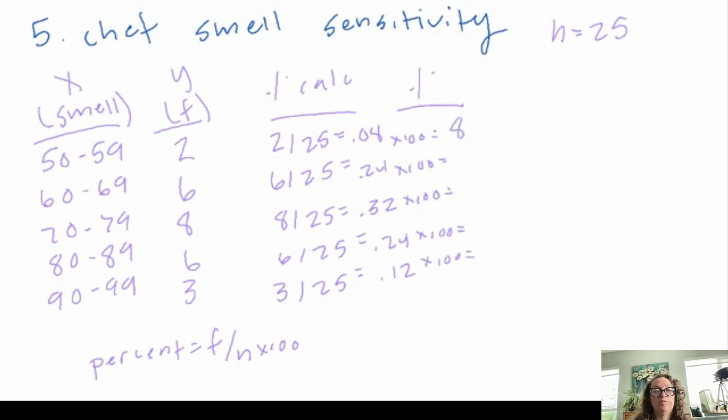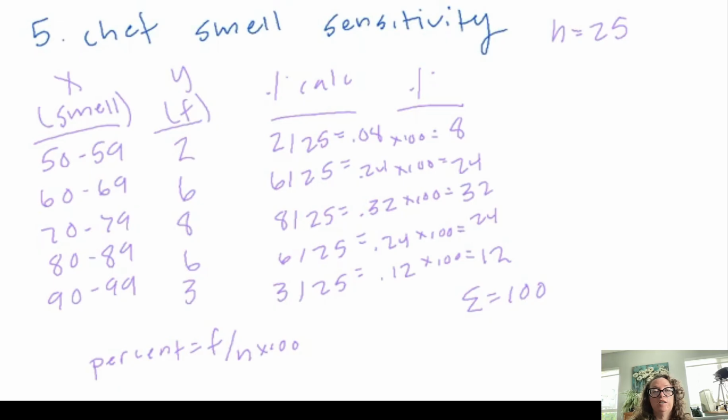So we have 8% here, we have 24% here, 24, 32, 24, and 12. If we add this all together, we should magically get 100. Likewise over here for frequency, it's always a good idea to sum these up to make sure that you're getting what you think you should be getting, right? So in this case, we do have a sum of 25 here.